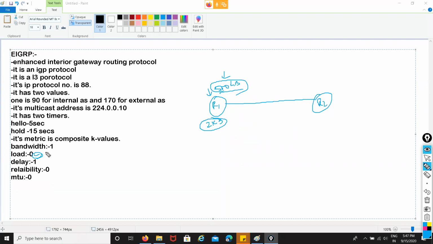Rarely it uses it, but in a real scenario it simply ignores the load value because of this fluctuation.